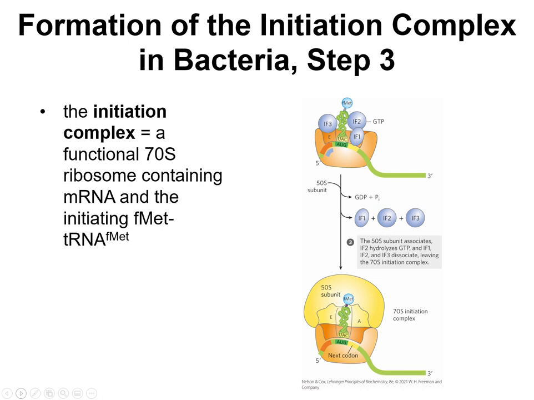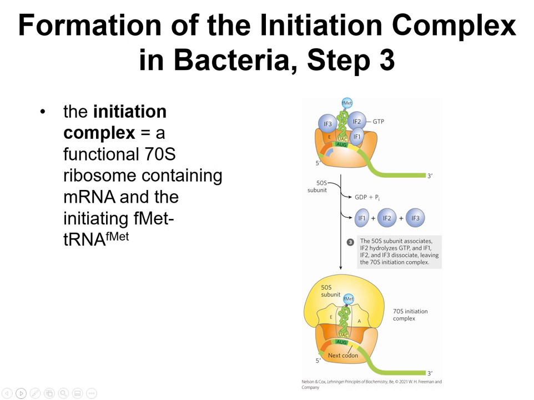Once we have this complex, then we recruit the 50S subunit to create a complete initiation complex. GTP is hydrolyzed in the IF2, and all of the initiation factors leave.